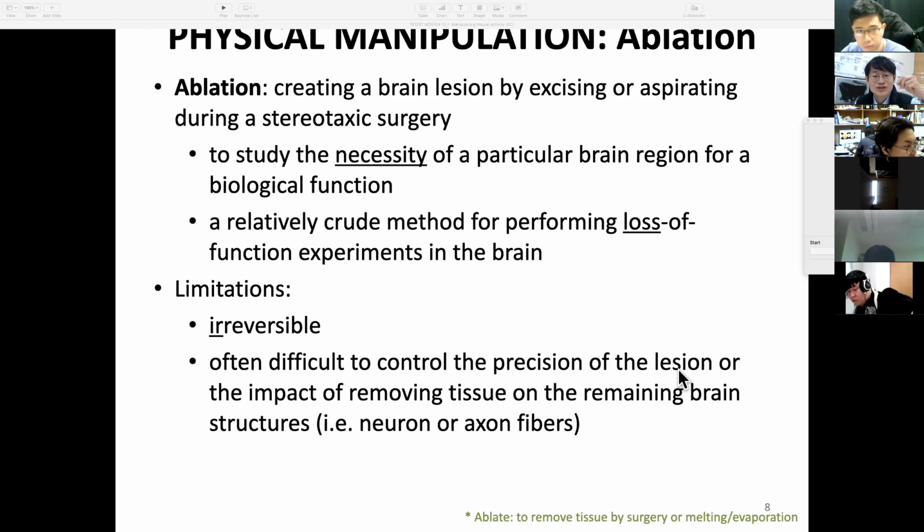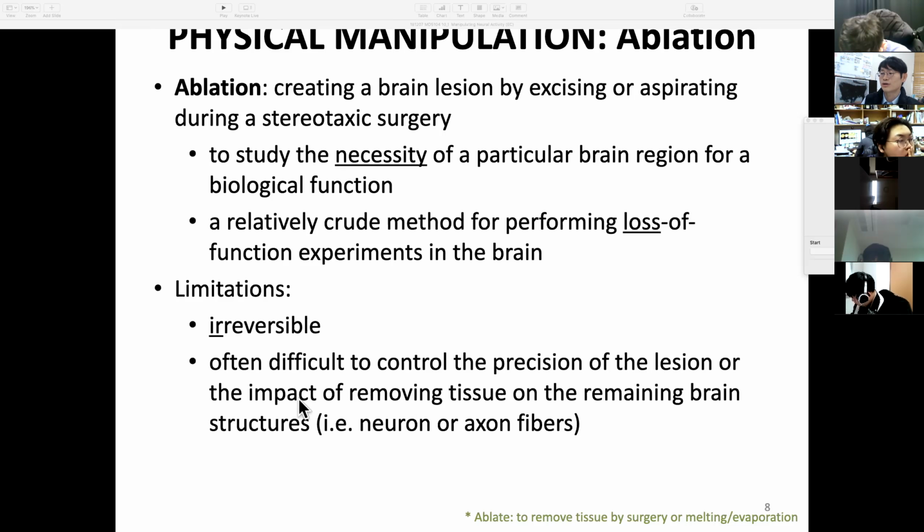When you do surgery, a human brain may be big, but an animal brain is small, your hand may shake, and even while observing, probably using a stereotactic microscope, there are still issues with precision. Also, say I want to remove the hippocampus of a rat to study memory, but the act of cutting it out inevitably cuts passing white matter axonal tracts, which can have a significant systemic effect that is hard to control, right?